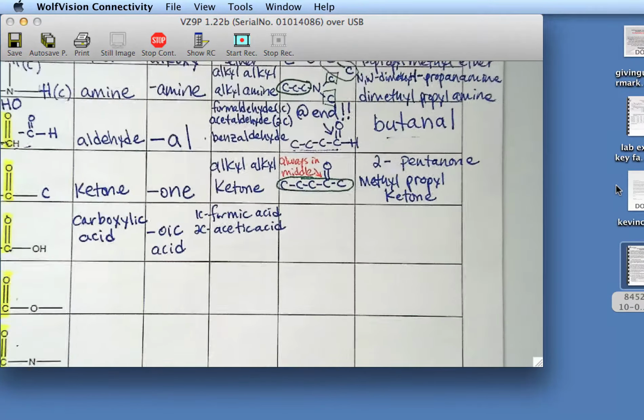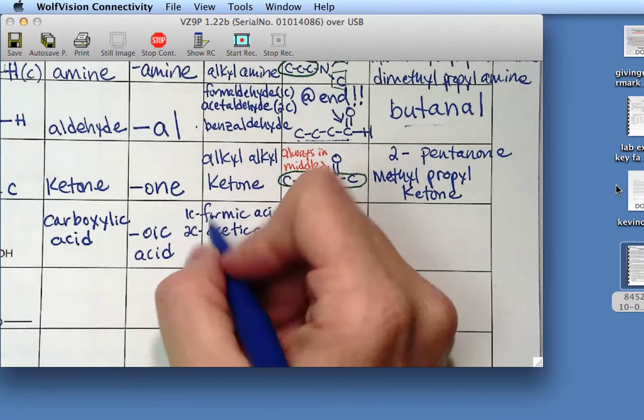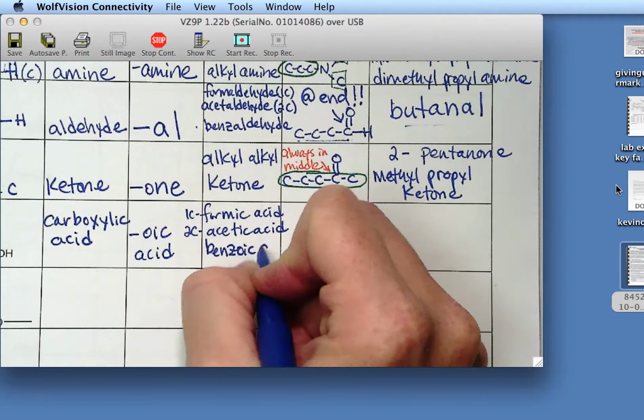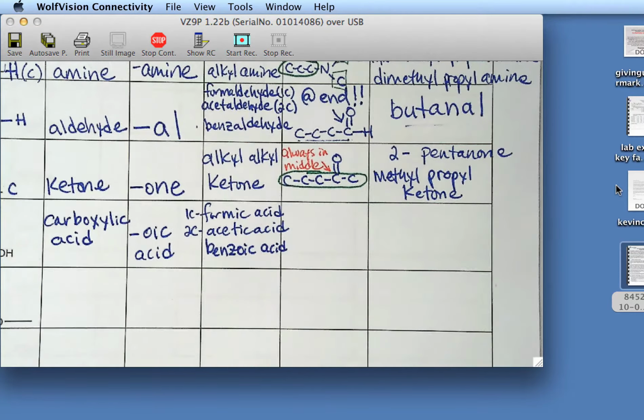And then benzoic acid is here. Acetic acid is vinegar. That's right. Usually, most vinegar is like a 5% acetic acid solution.